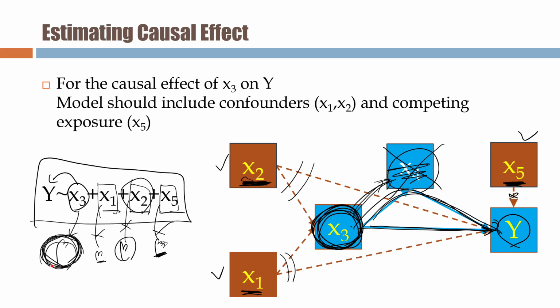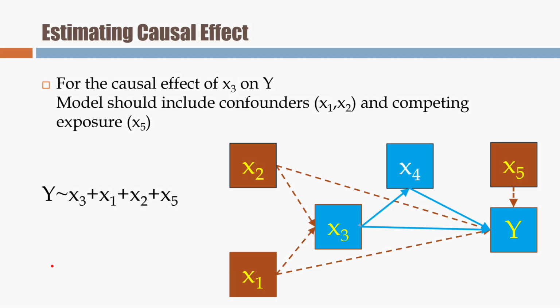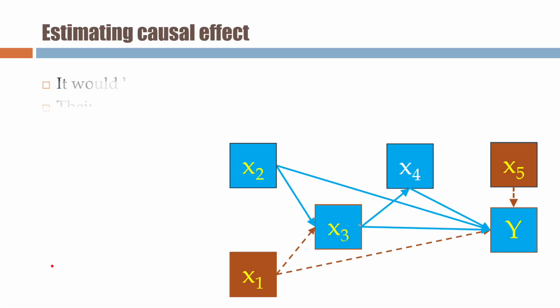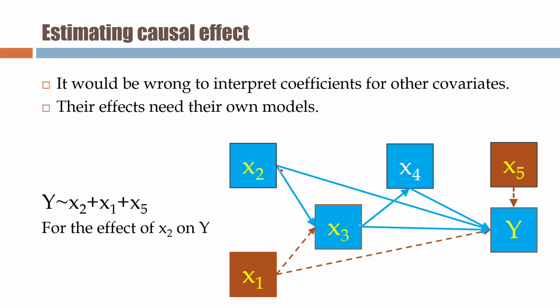Why not? If you want to see x2's effect on y, right? Then what you have to do is, x3 becomes the mediator, so you have to keep it open. And this path is also still x2's path, so x4 should be open.